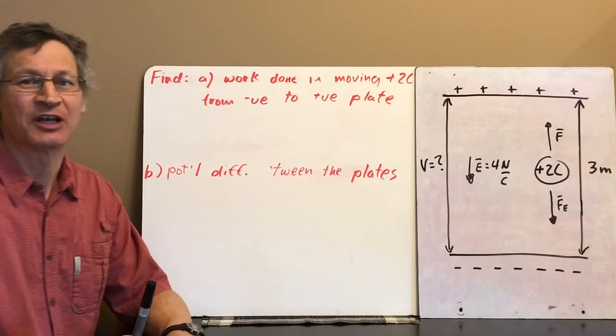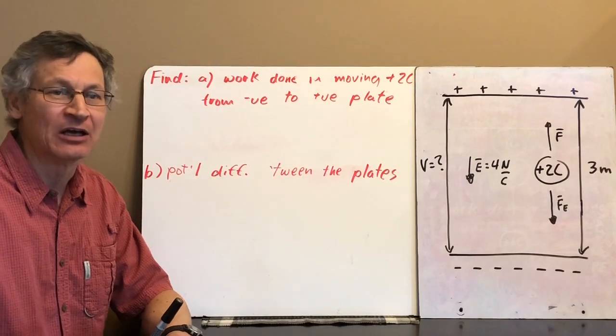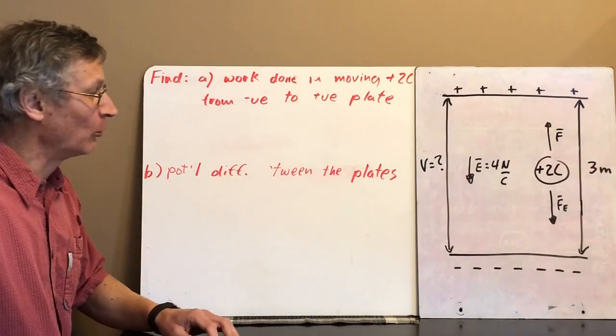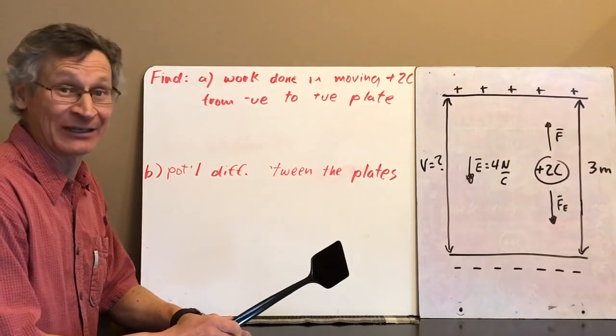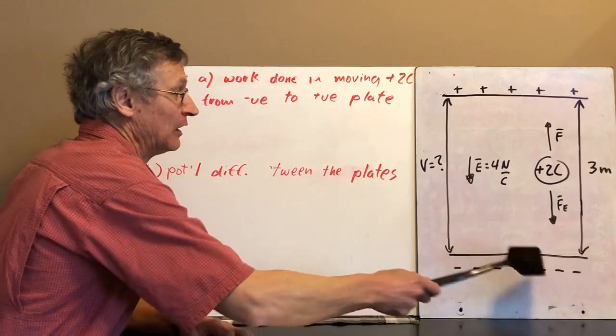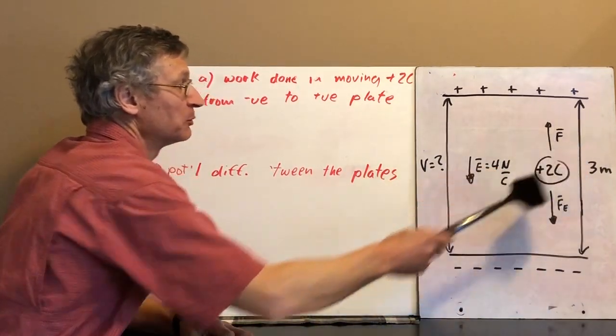All right, so here's a little example that will show us exactly how to calculate potential difference. Once again, here's our favorite electrical apparatus, a positively and negatively charged pair of plates, and you can see they're 3 meters apart.